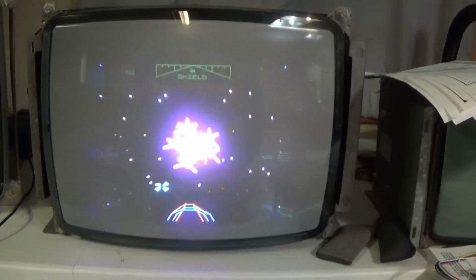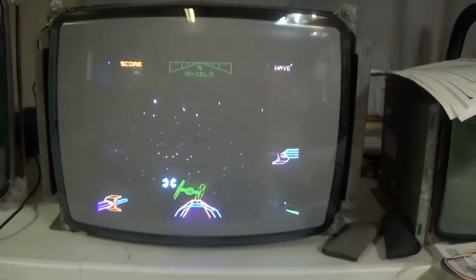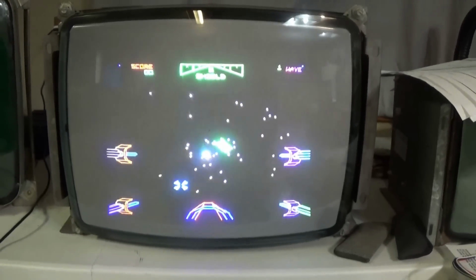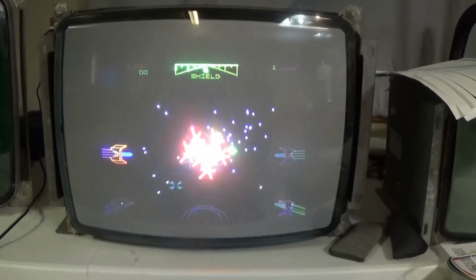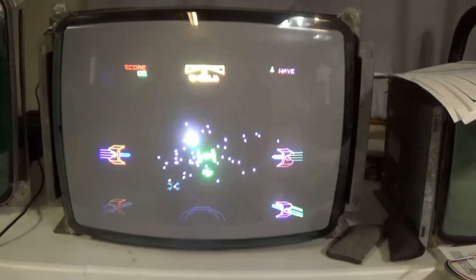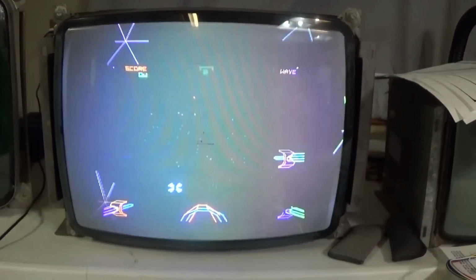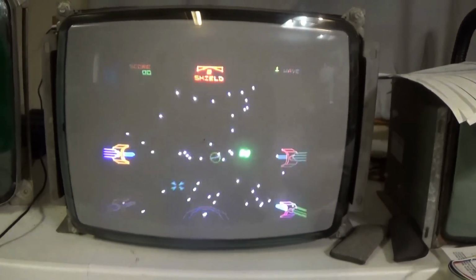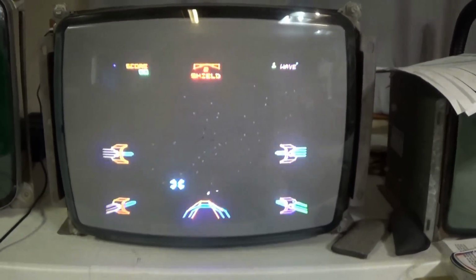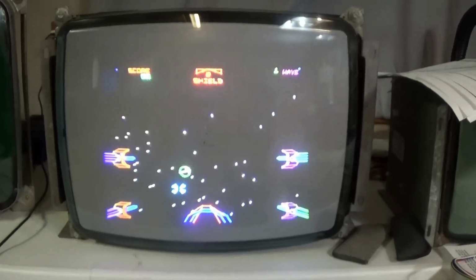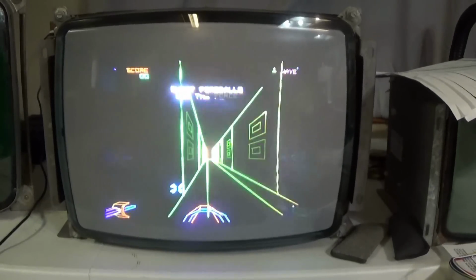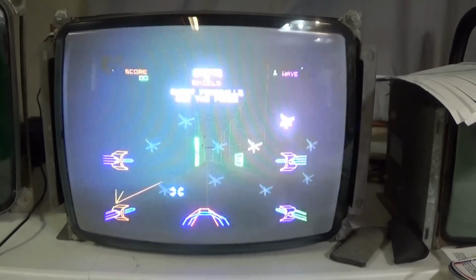Yeah, see, everything's looking great. Just like it should. Vector graphics are so cool. There we are, in the trench.